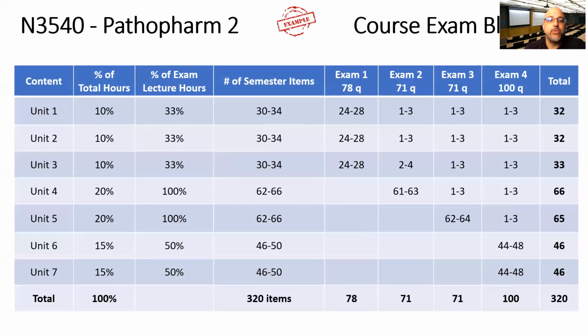And then for exam 3, same deal. The majority of the content comes from the current unit with a few comprehensive questions. And then the final, again, primarily the final units with a few comprehensive questions thrown in there as well to equal the 320 assessment items during the course exams.